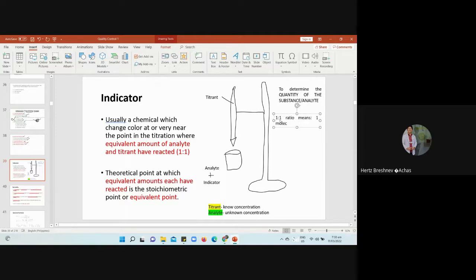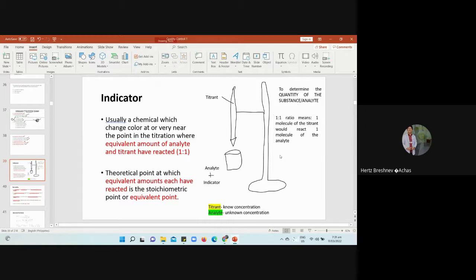one molecule of the titrant would react with one molecule of the analyte. One molecule of the titrant and one molecule of the analyte would react. It cannot be 2 is to 1, 1 is to 2, vice versa, or 3 is to 5. It should be 1 is to 1.